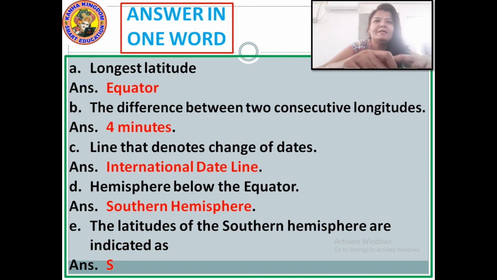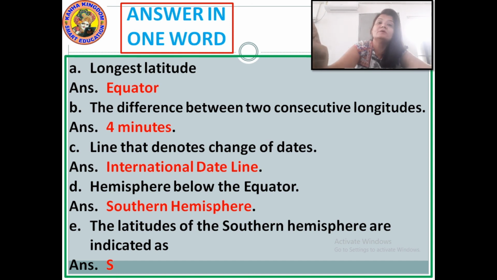Number 5 or number E: the latitudes of the southern hemisphere are indicated as S. S means south. Here also the words highlighted in red are the answers, so please note it down.